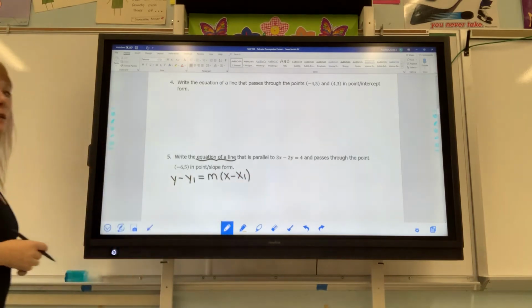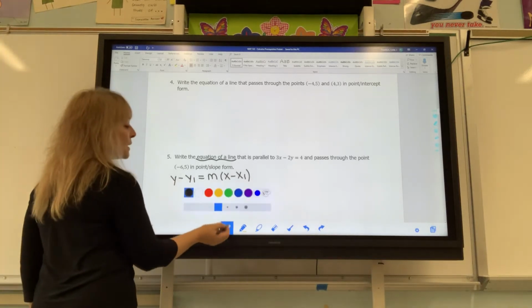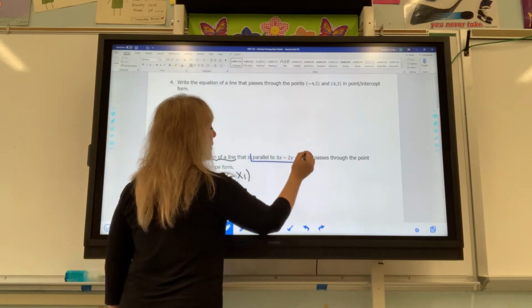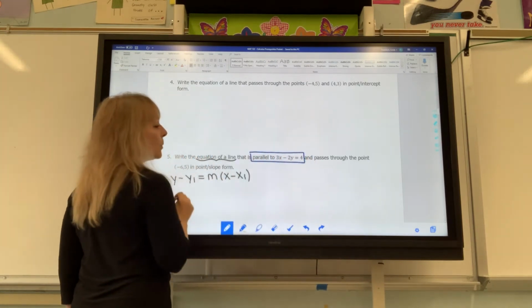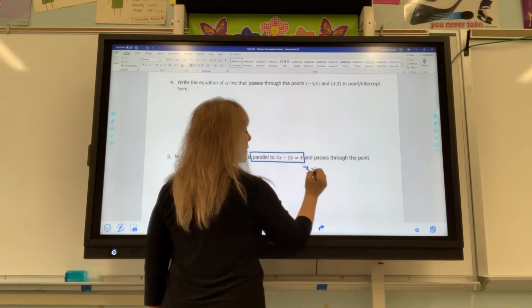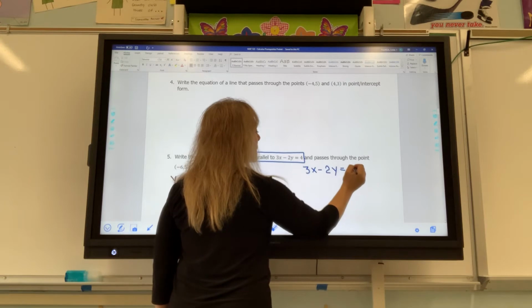That's how I like to actually begin. And basically, when they tell you that it is parallel to a specific line, parallel lines have the same slope, and you need to know that, so that when you take your line that's given to you, you have to figure out what the slope is.